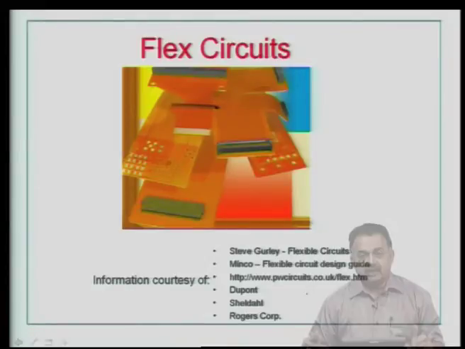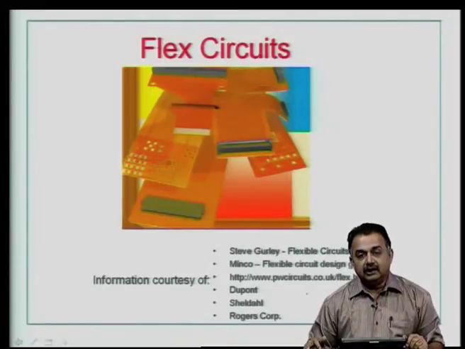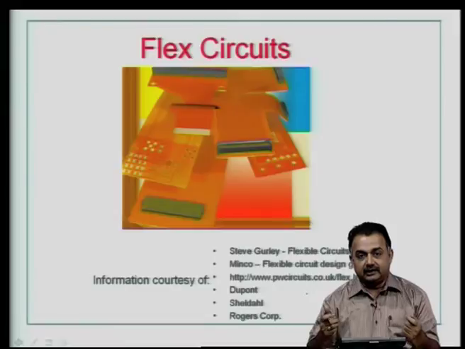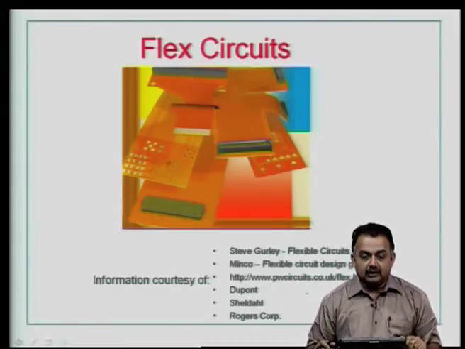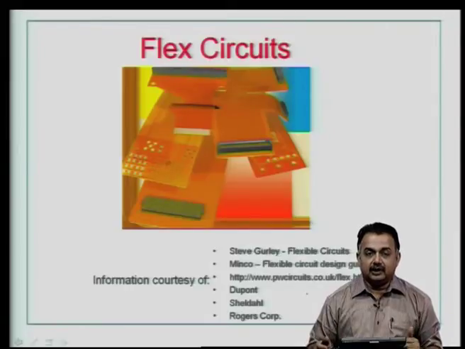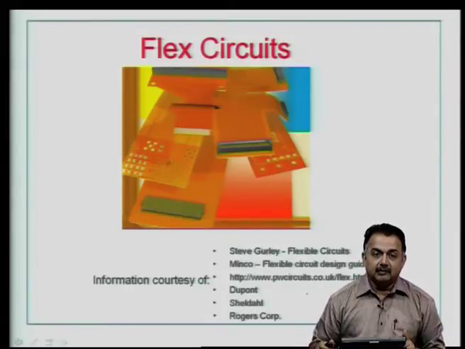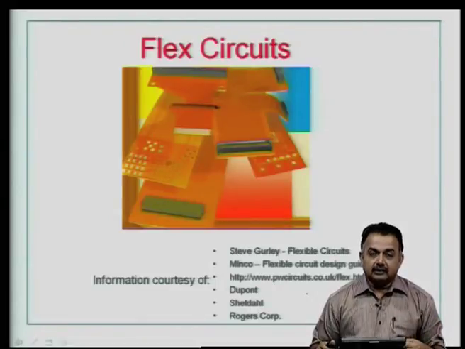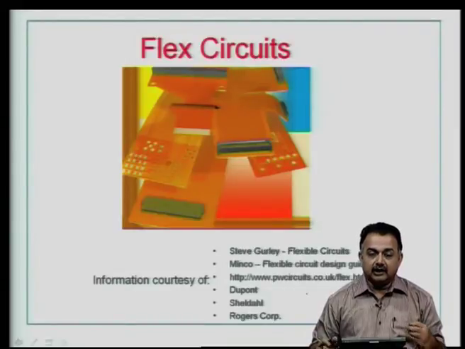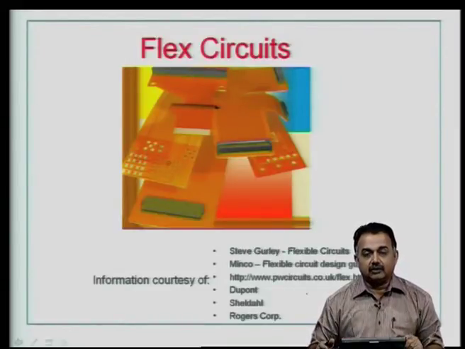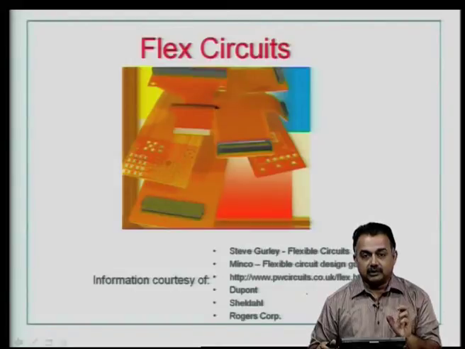So, basically as the term indicates, the substrate is flexible, you can bend it to a certain degree. Why should you have a board that is bendable? Because certain products have less space. The packaging requirement demands that the entire mechanical enclosure requires a smaller space.